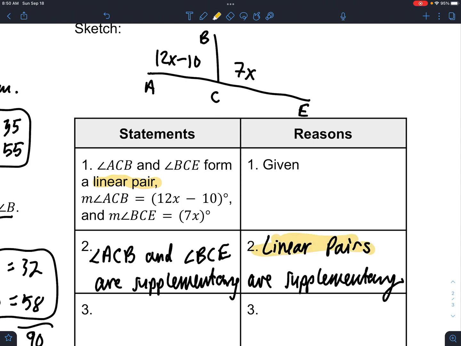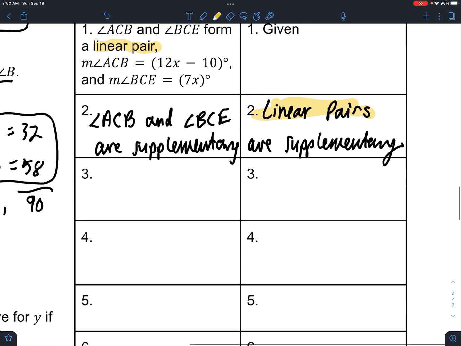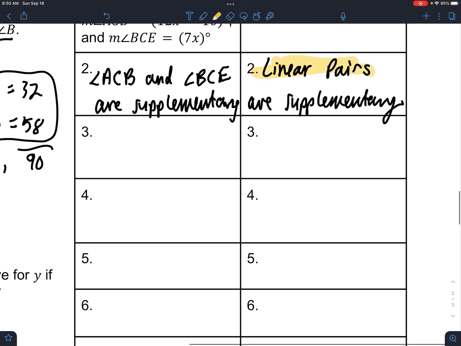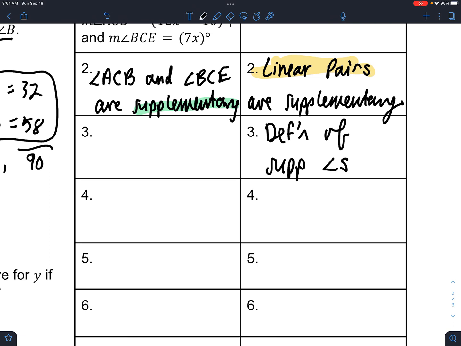So that has to come next, and we don't know linear pairs are 180 immediately. So we have to write this. And then now that we have the word supplementary, then we can use the definition of supplementary angles, which we know involves the fact that these are equal to 180.